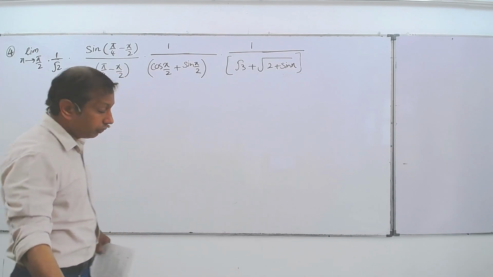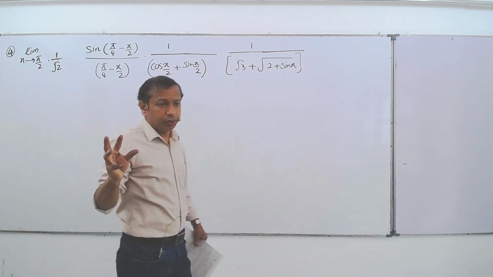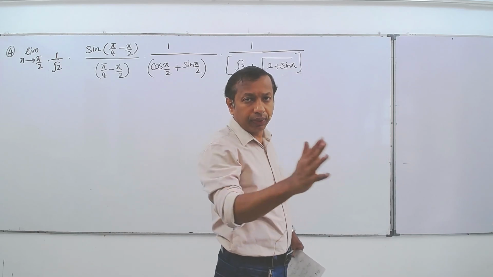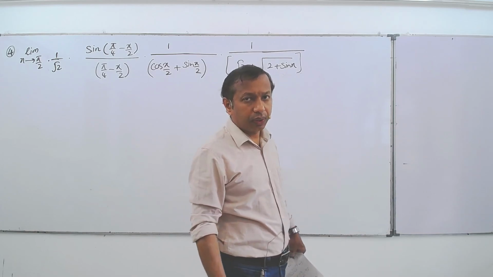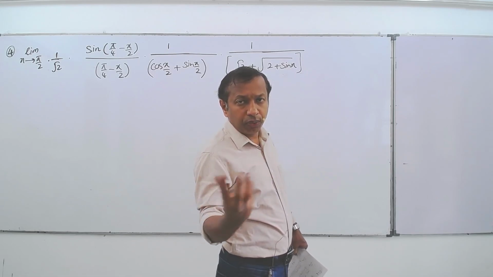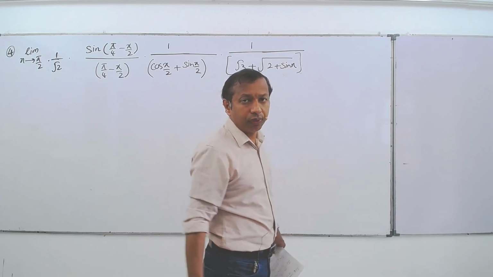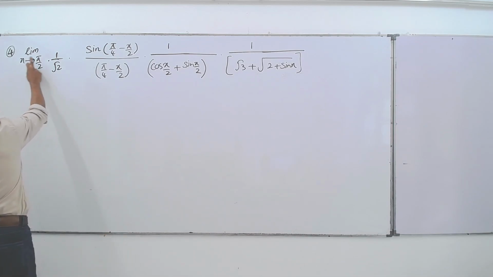Okay, now, you know, here x going to pi by 2, then x divided by 2, half of x going to pi by 4, no? As x going to 90, half of x going to 45, correct, no? X going to 90, then dividing both sides by 2, x by 2 going to pi by 4, 45. So here, x going to 90 means x divided by 2 going to pi by 4, correct, no?